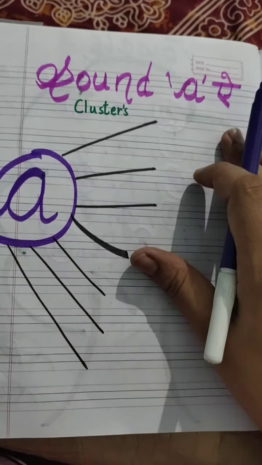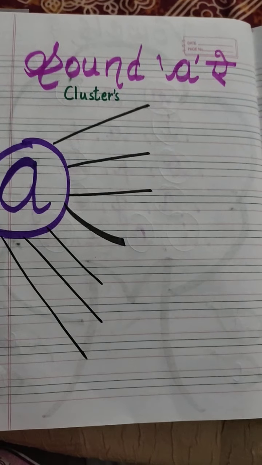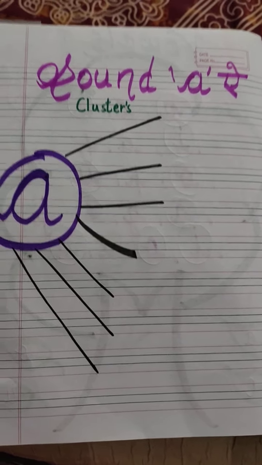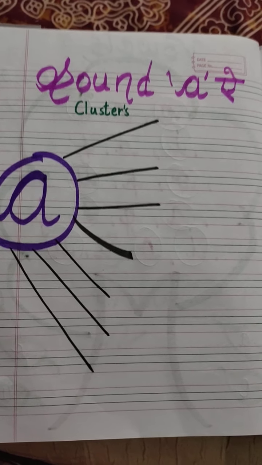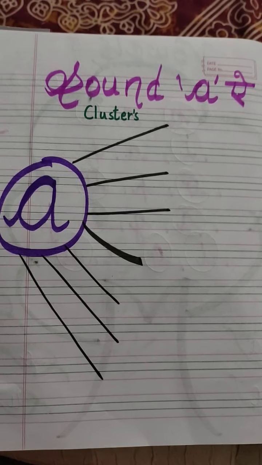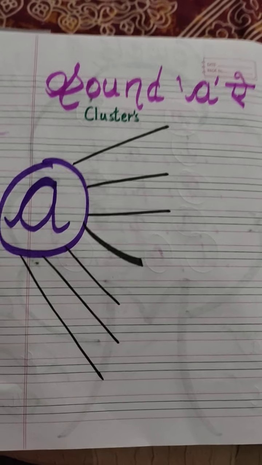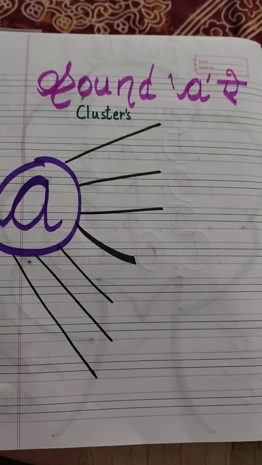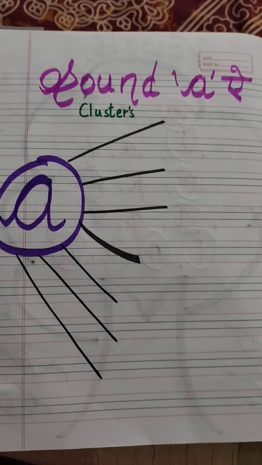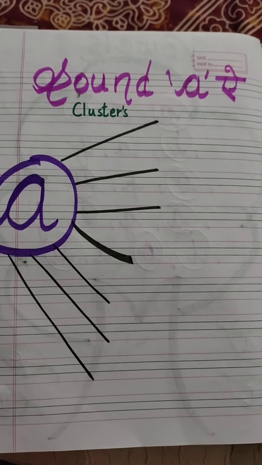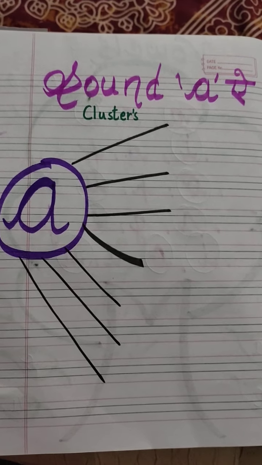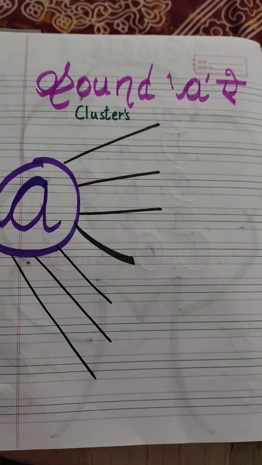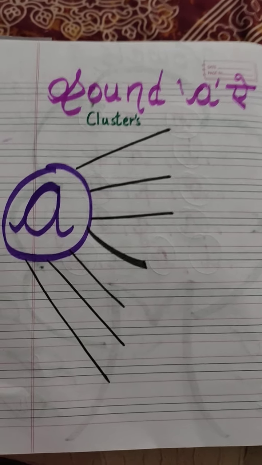As you all know, we have a total of 5 vowels, that are A, E, I, O, U. These are all vowels, and the rest of the letters are our consonants. Suppose B, C, D, F, G, H. These are called our consonants.